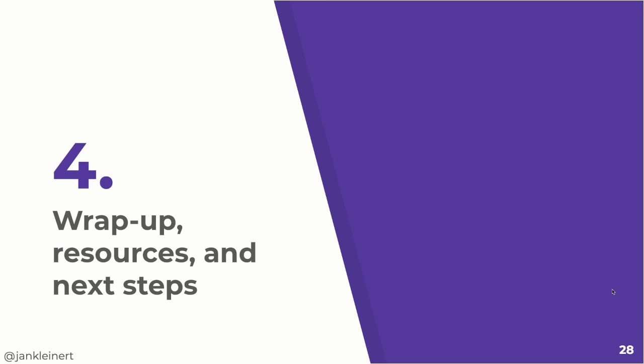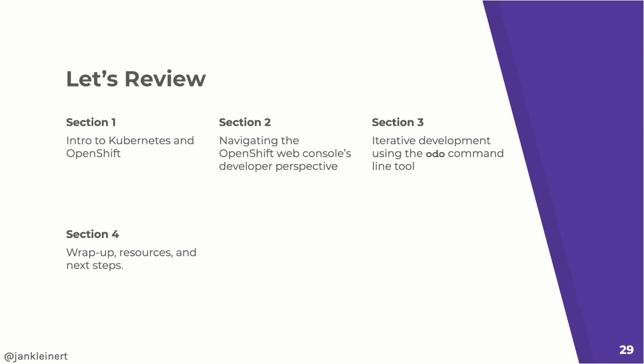All right, as we're nearing the end of our workshop today, let's do a little bit of wrap up and look at resources and next steps if you want to continue learning. So what have we covered so far? We started with an introduction to Kubernetes and OpenShift, where we looked at some of the most commonly used Kubernetes resource types. And we also talked about how Kubernetes and OpenShift are different and what are some of the features that OpenShift adds on top of Kubernetes.